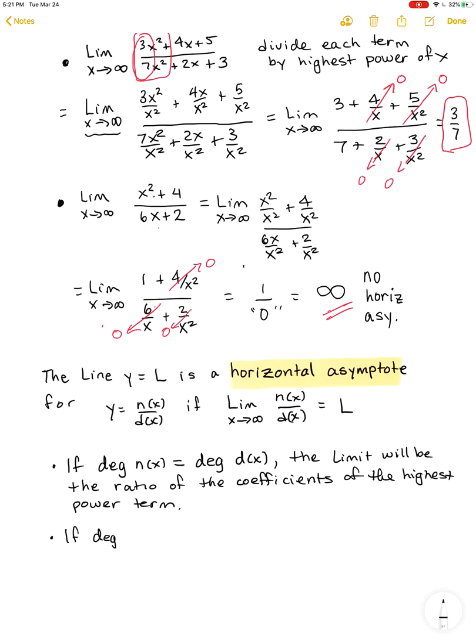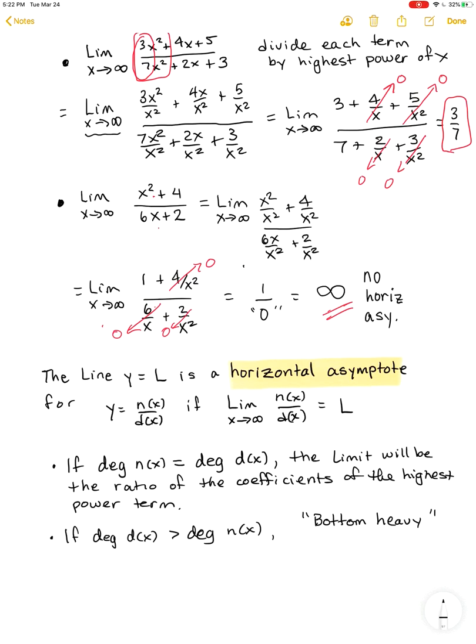If the degree on the bottom is bigger, in other words, it's bottom heavy in power, like our first example, the bottom is going to continue to grow while the numerator essentially stays steady, and so we'll eventually get 0 as our limit.